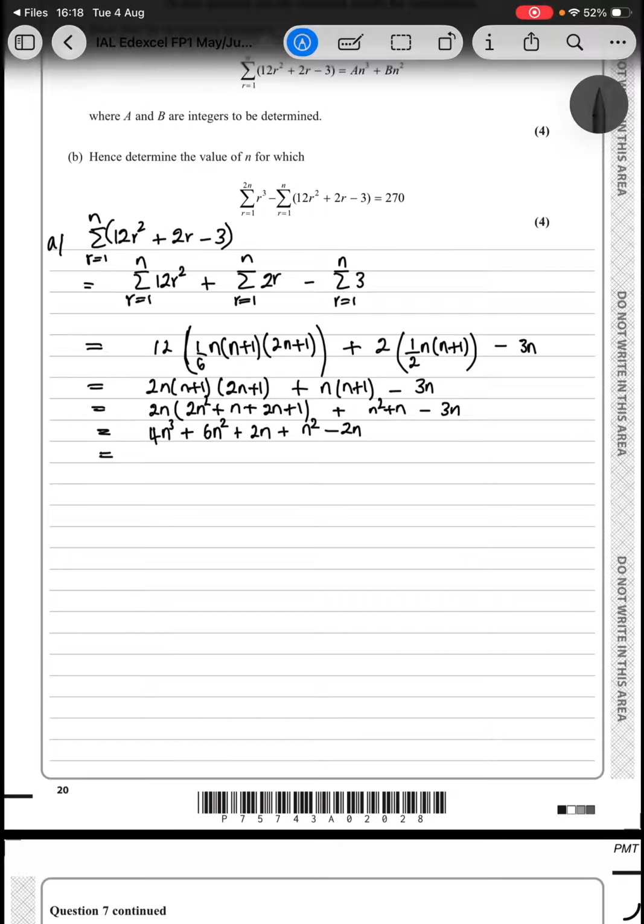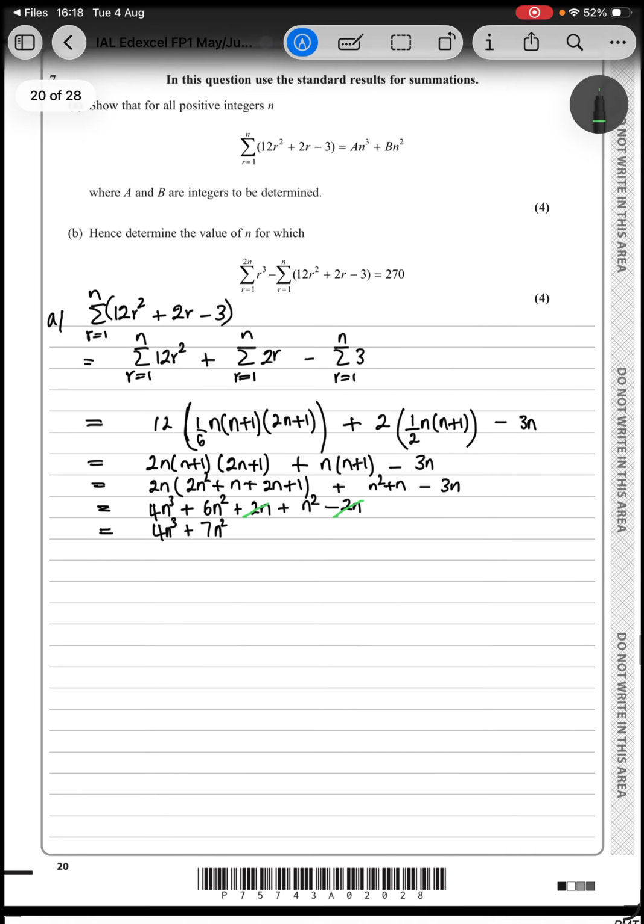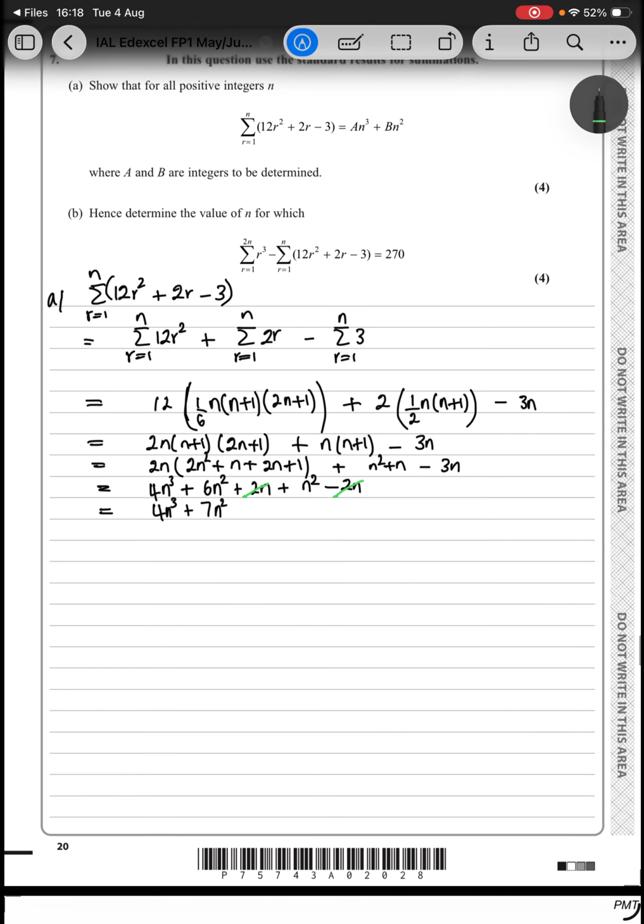I'll simplify this further. 4n cubed, 6n squared, and then we have a plus n squared, so that gives plus 7n squared. And we can see that this 2n and this 2n cancel off. So that's our answer to part A, an cubed plus bn squared. Yes, they do match. 4n cubed plus 7n squared.